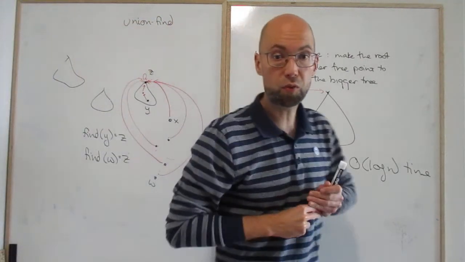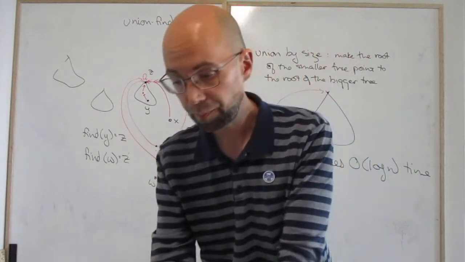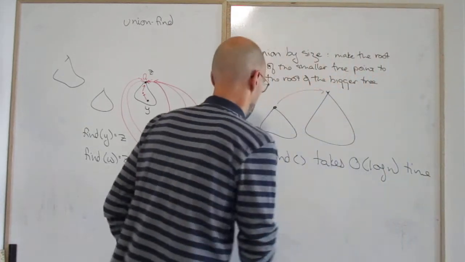So you're never going to walk from W to what was its parent ever again. This trick is called path compression.